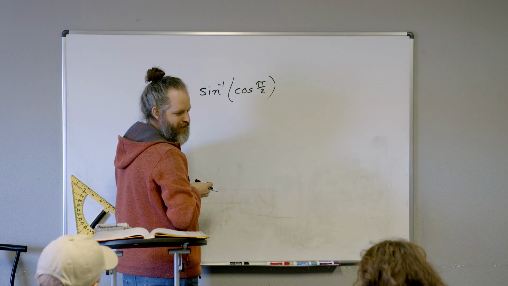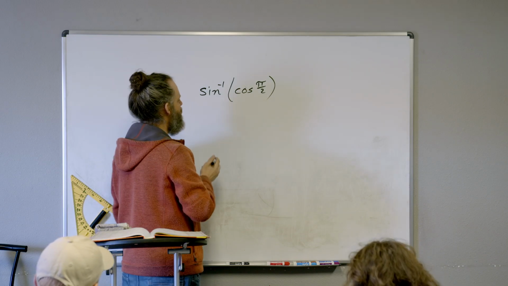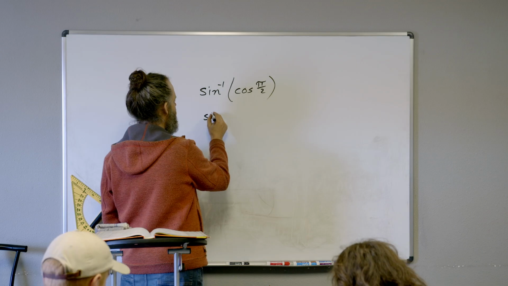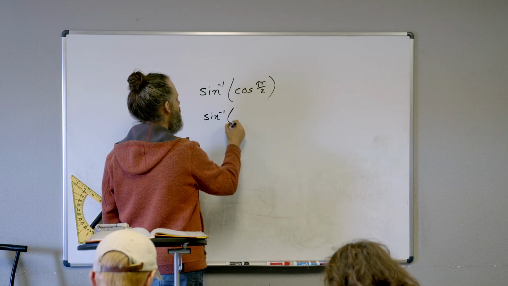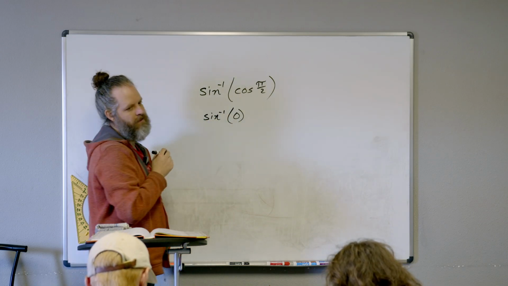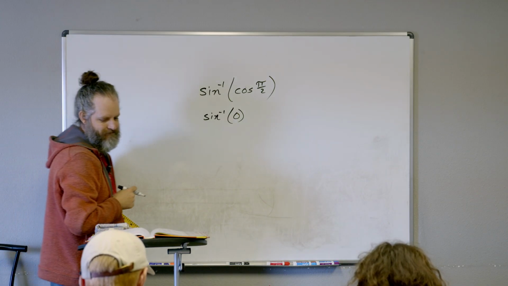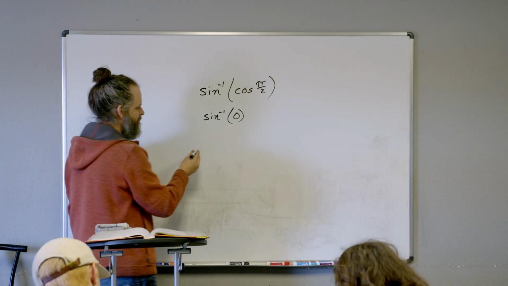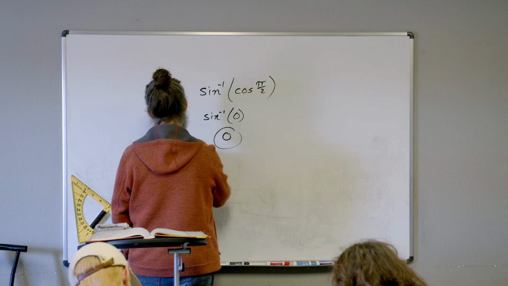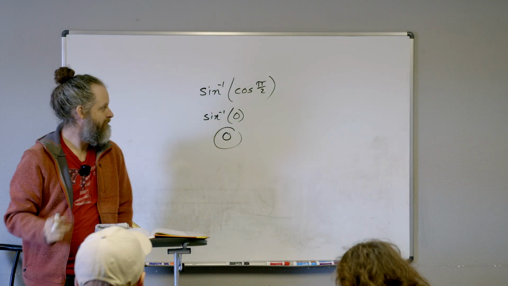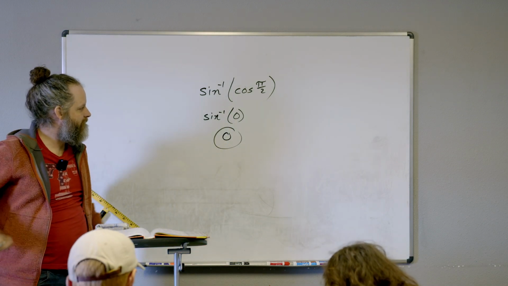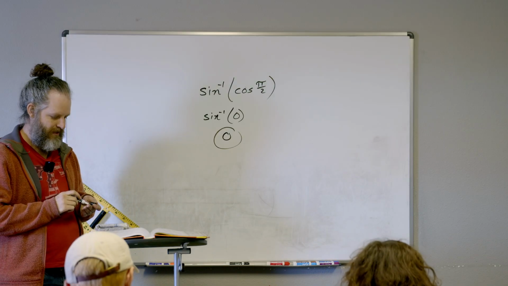You didn't go far enough on your chart. 0. So we're trying to find the inverse sine of 0. So when is sine 0? Oh wait, 0. Okay, I don't know what I was doing the first time. I don't either.